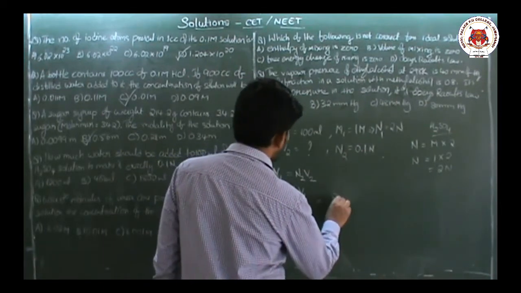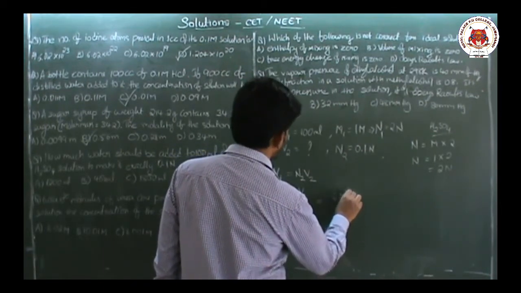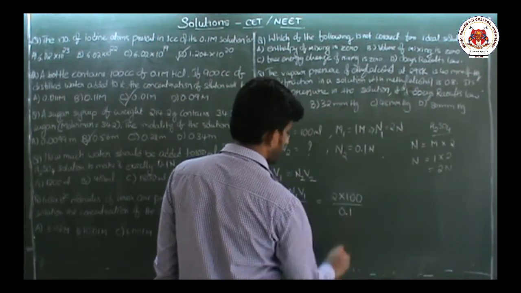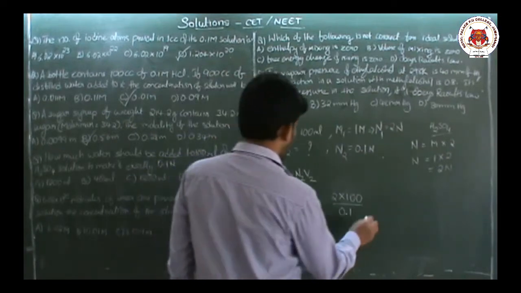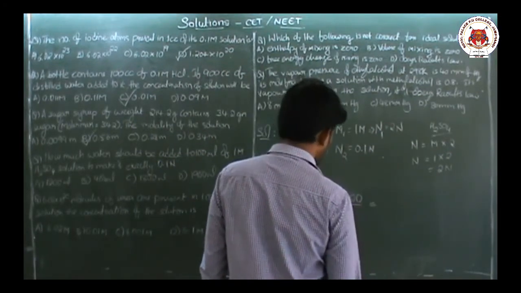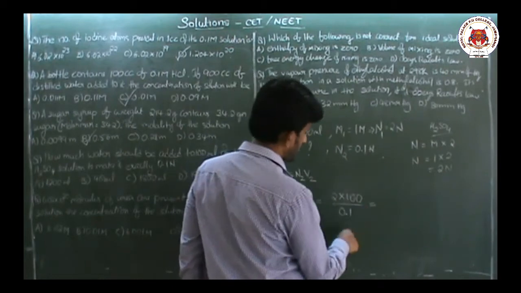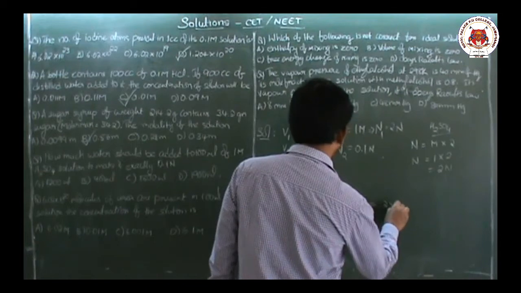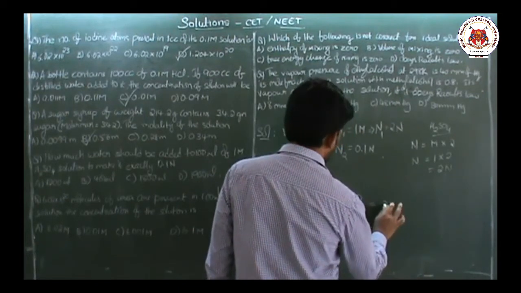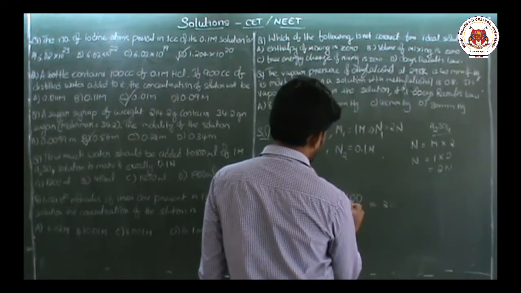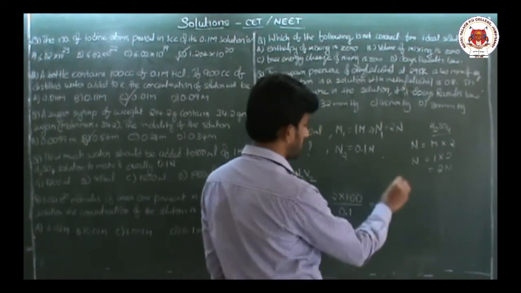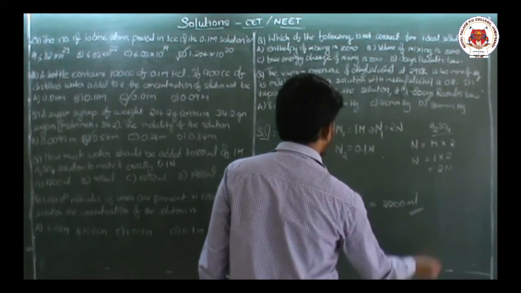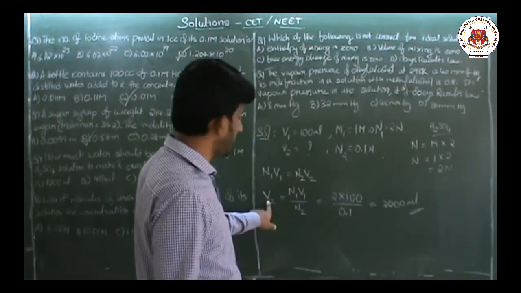N1 is 2. What is V1? 100. What is N2? 0.1. Now this can be written like this, 10 power minus 1 goes up, so it will be 10 power plus 1. That means 2 into 100 is 200, again 1 over 10, 2000. So total volume is how much? 2000 ml or 2000 cc is the final volume.